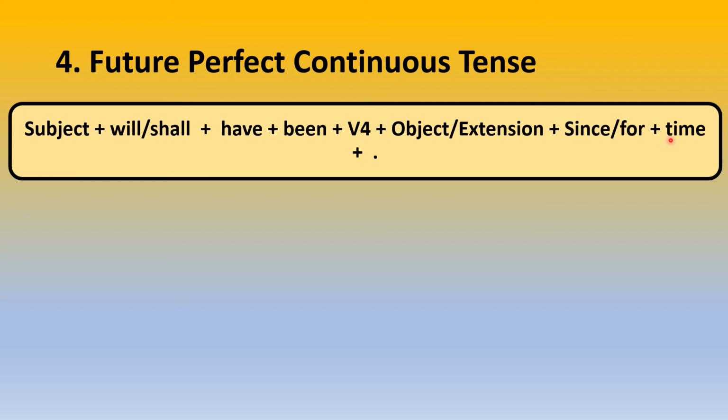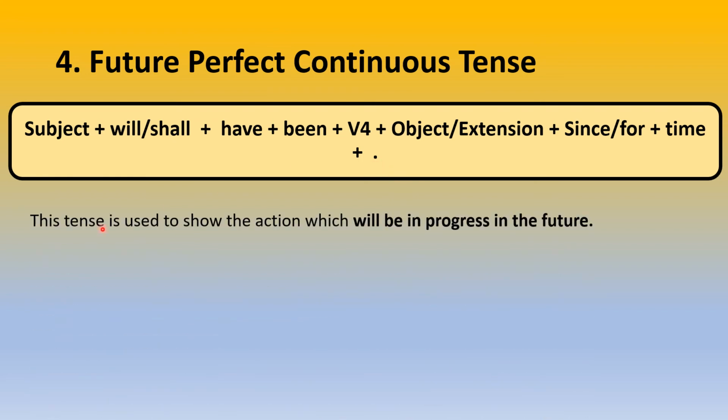To write a time phrase, since and for are written in perfect continuous tenses. Then we write full stop. Note this point that the future perfect continuous tense is used to show the action which will be in progress in the future.